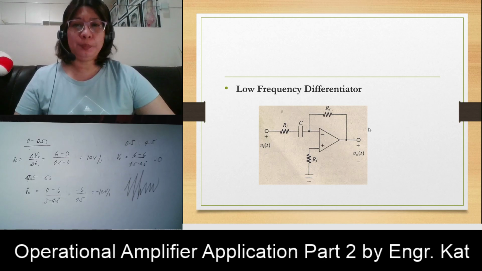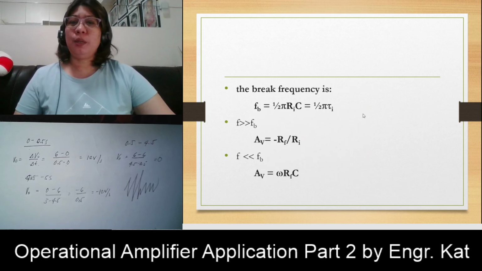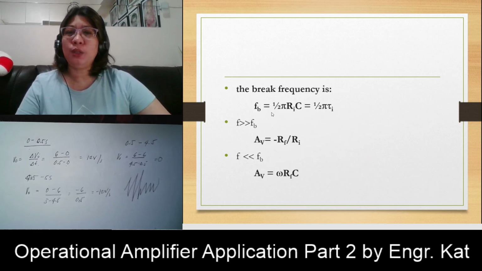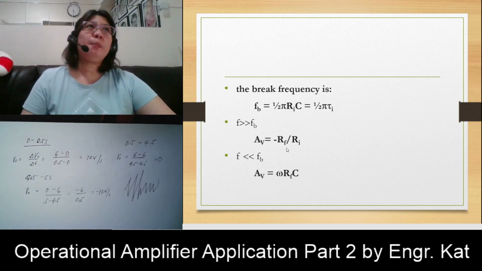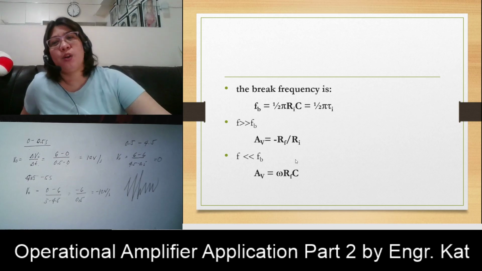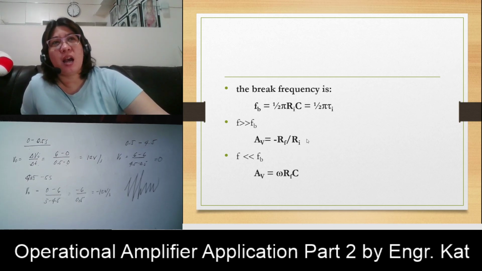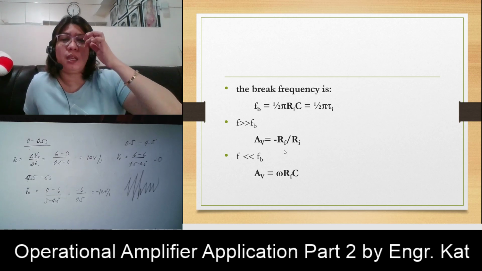So the break frequency is equivalent to 1 over 2 pi Ri multiplied by C. So this is now your scalar, Ri times C. So when your input frequency is greater than your break frequency, your capacitor is acting just like a short circuit, so your gain is just like a normal inverting amplifier.